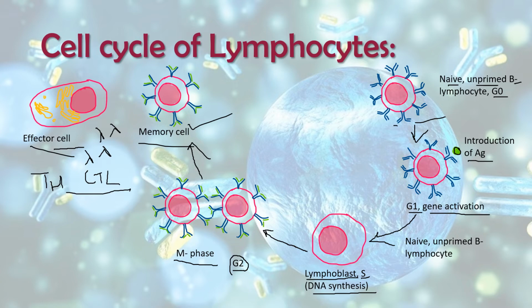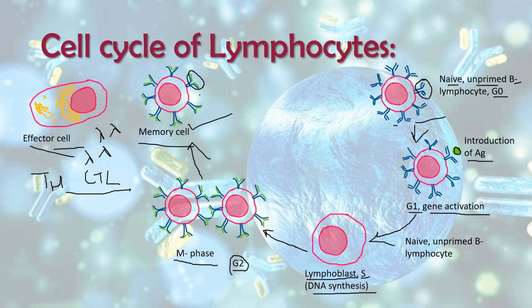You can see that the memory cell is quite similar to the naive or unprimed cells, or immature cells, but they are different from each other. How are they different? They can be distinguished by the presence of surface markers. You can see the surface markers here and here.